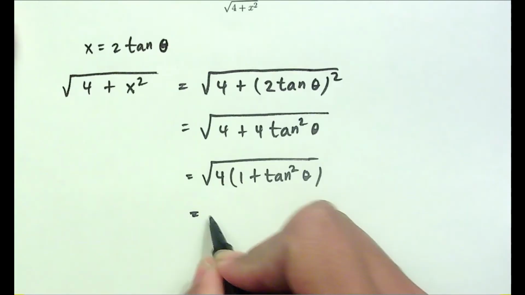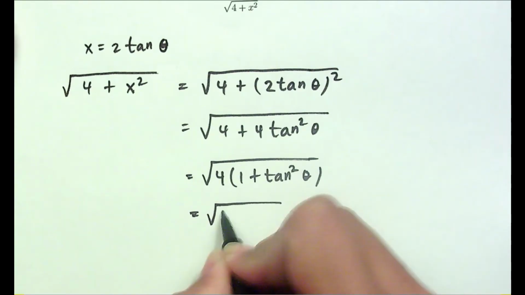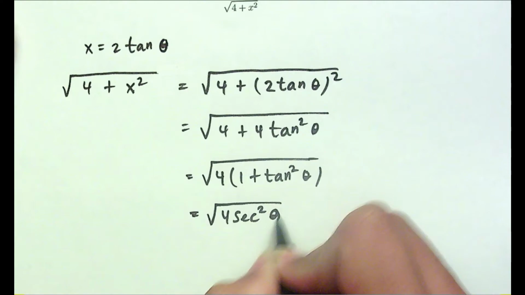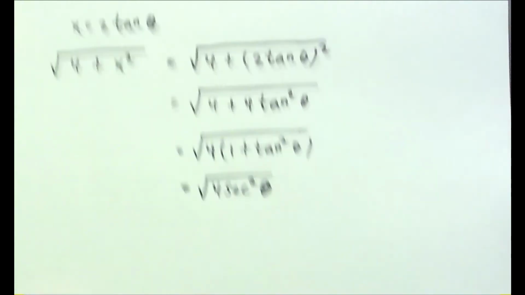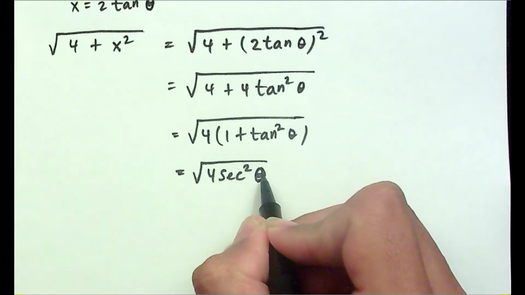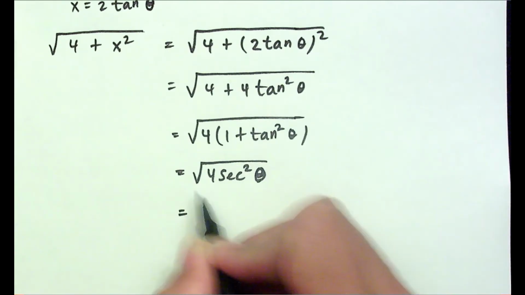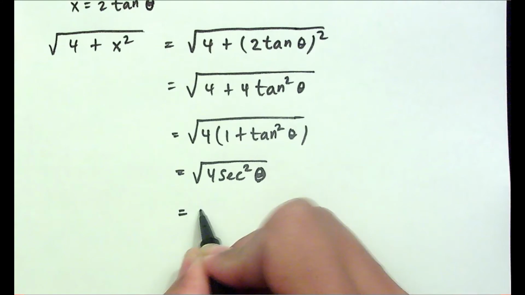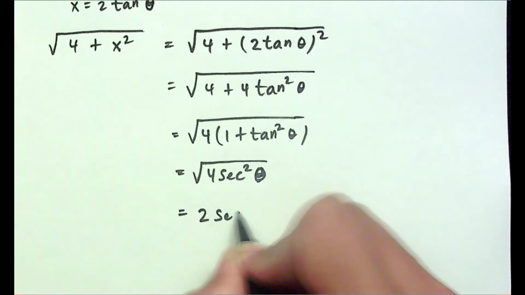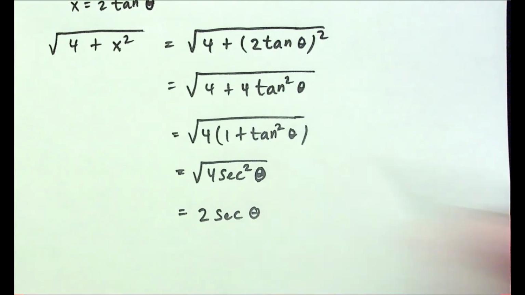So then this becomes the square root of 4 secant squared. Now you can take the square root of this. The square root of 4 is 2, and the square root of secant squared is secant of theta.